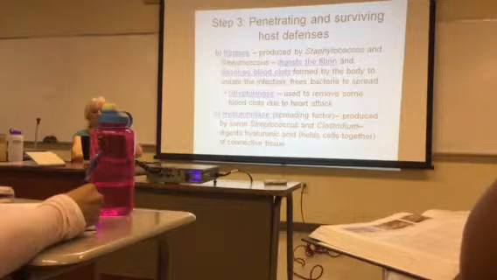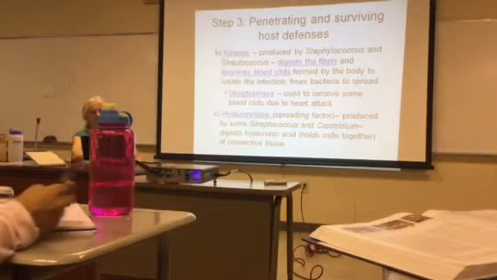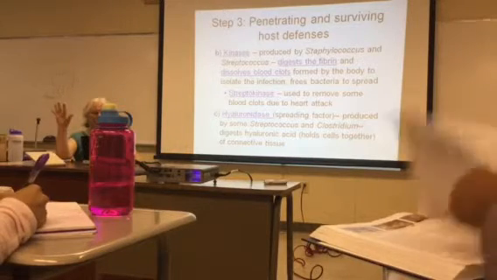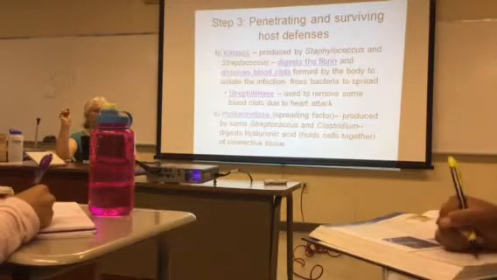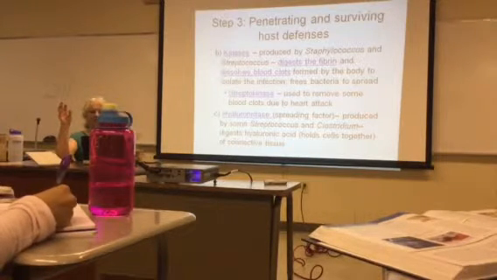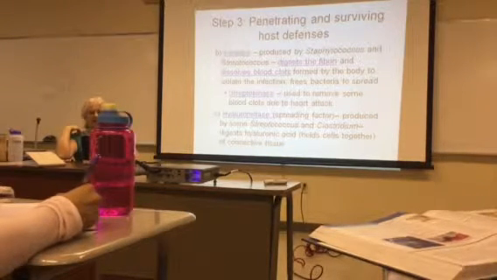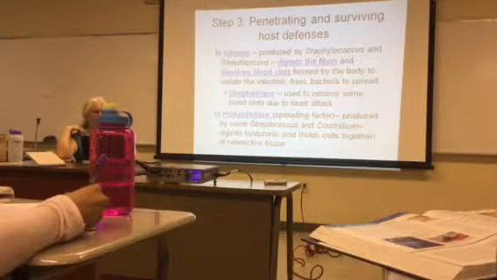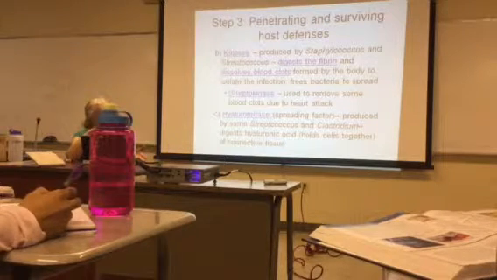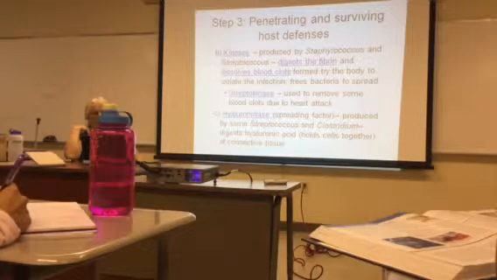Kinases are produced by Staphylococcus and Streptococcus. That enzyme digests the fibrin and dissolves the blood clots. So sometimes when you have an infection, your own body starts to form a kind of clot around your infection, and the bacteria have that enzyme that can dissolve that clot, and then it frees the bacteria to spread to other parts of your body.